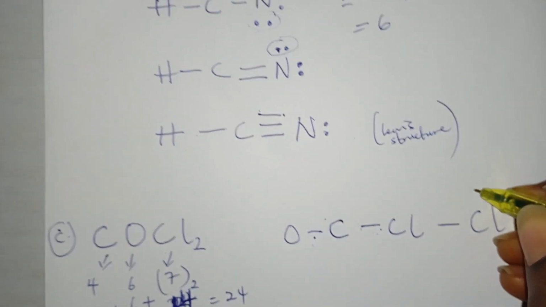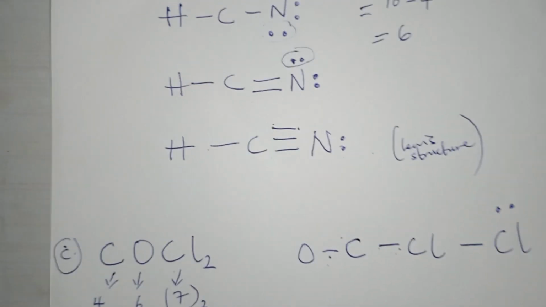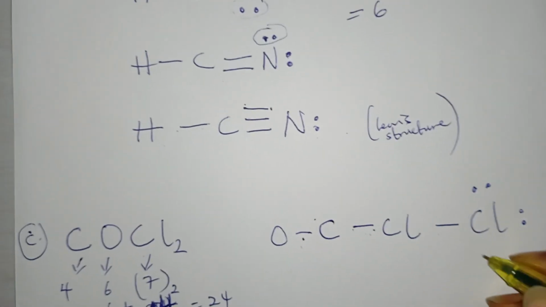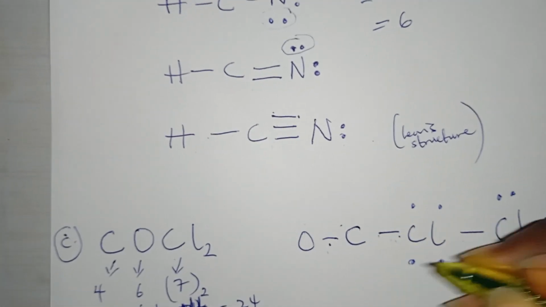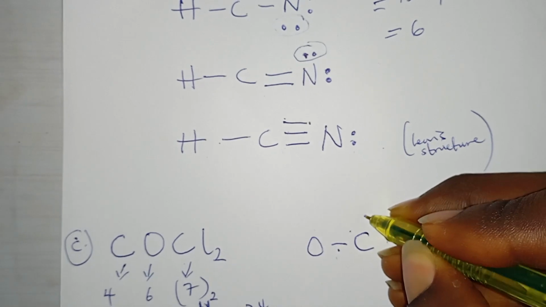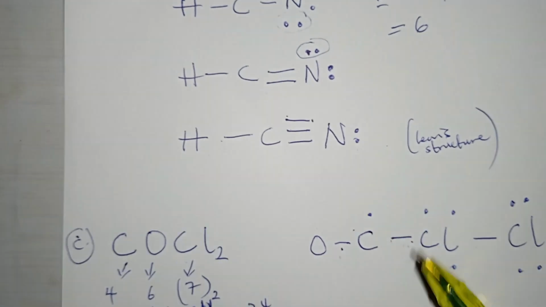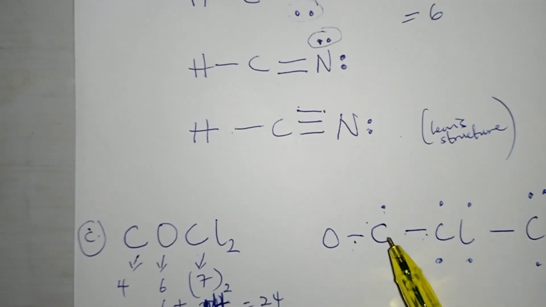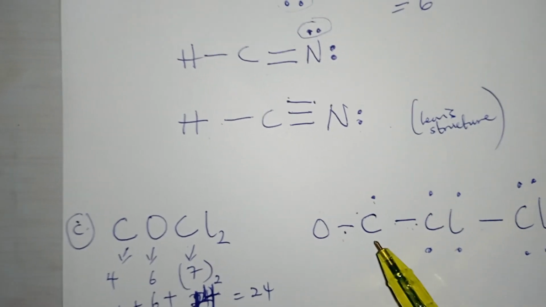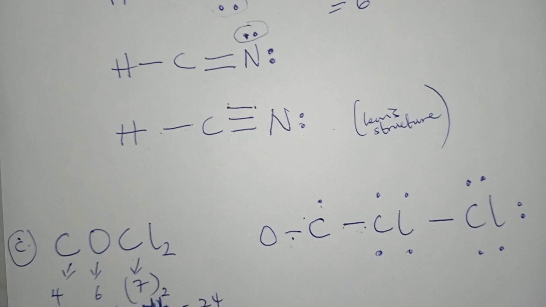So the 18 electrons, let's share it. I have 1 2 3 4 5 6 7 8 9 10, 11. Sorry, you don't go to carbon, you start from the terminal. Anytime you see carbon with any other element, assume it to be the central.